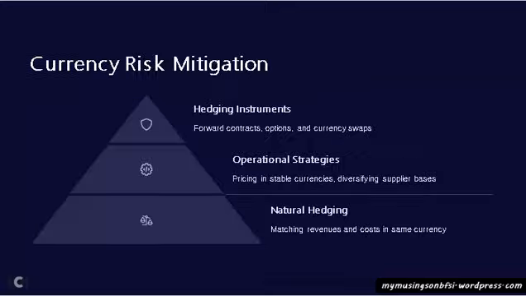Let us look at the mitigation strategies available for this risk. The main thing is the hedging instrument. For example, forward contract. Agreement to exchange currencies at a fixed rate on a future date is a forward contract. To exchange one currency against the other at a fixed rate on a future date. What are options?